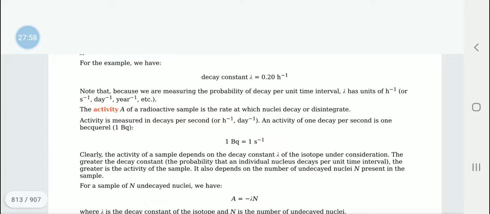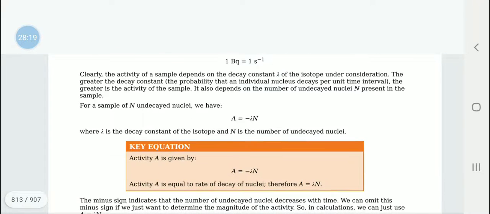The activity of 1 decay per second is 1 becquerel. 1 becquerel is equal to 1 Bq equals 1 s^-1. The higher the decay constant, the greater would be the activity of the sample.